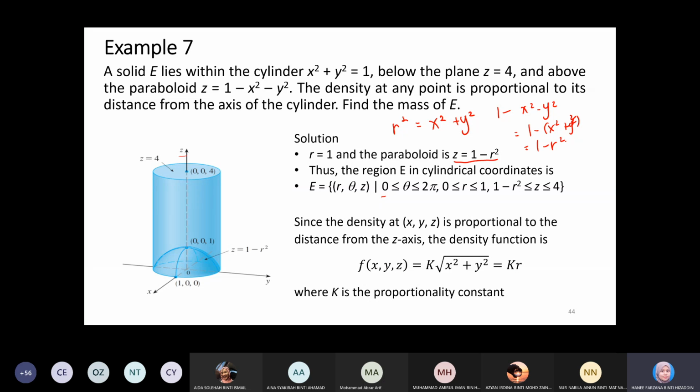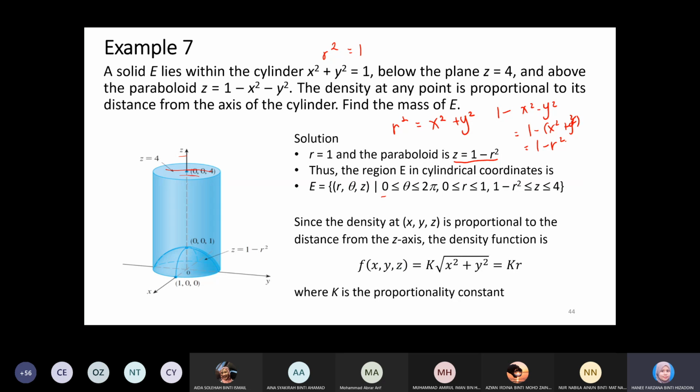Z lies above the paraboloid, so the lower limit of z is 1 minus r squared, and the upper limit of z is just 4 because this is the maximum level of z. So we have defined the region in cylindrical coordinates in terms of r, theta, and z.